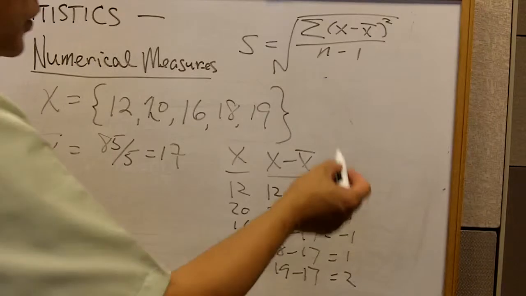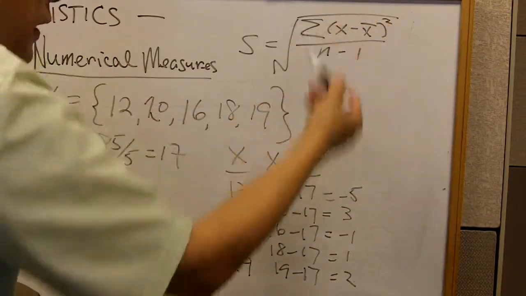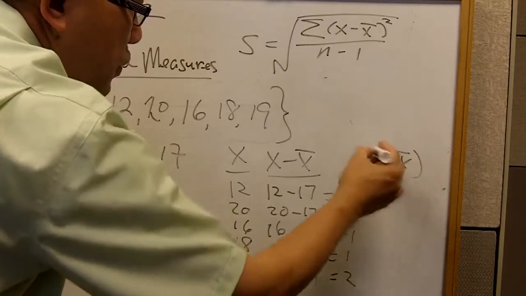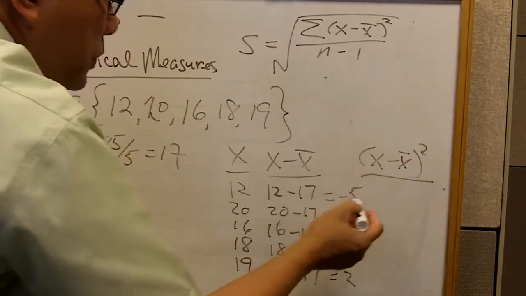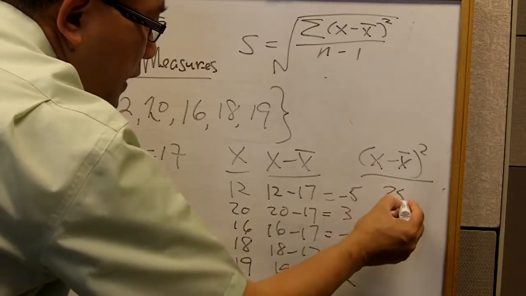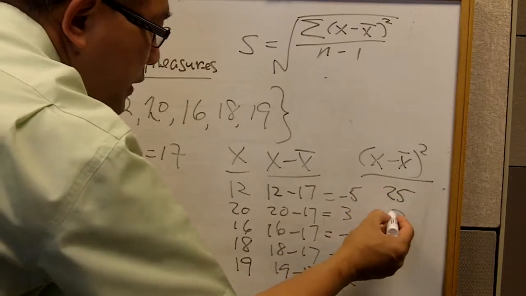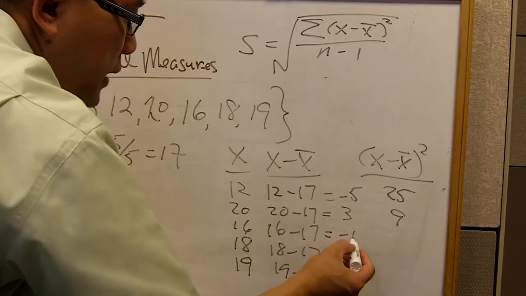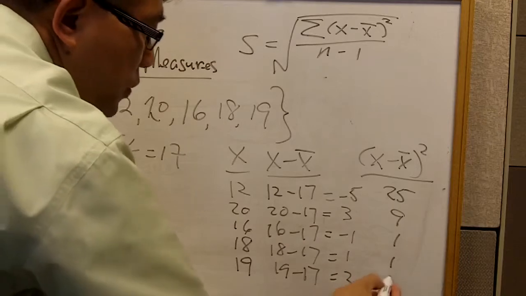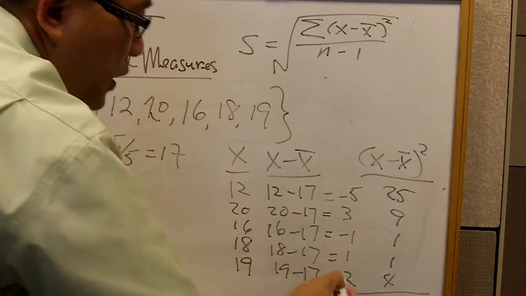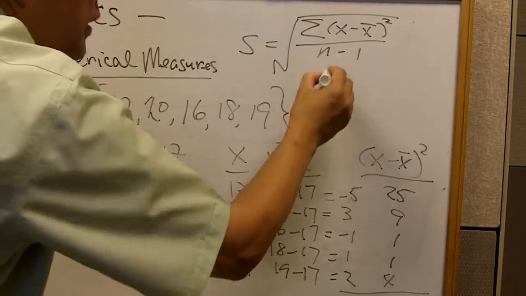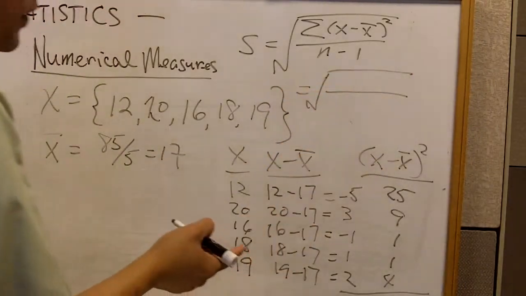What we need to do is to take the square of each of these expressions. So x minus x bar squared: minus 5 times minus 5 is 25. 3 times 3 is 9. Minus 1 times minus 1 is 1. 1 is 1, and 2 times 2 is 4. According to this equation, we sum everything together.